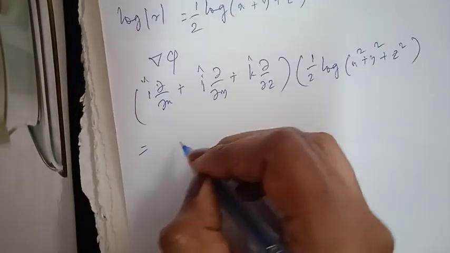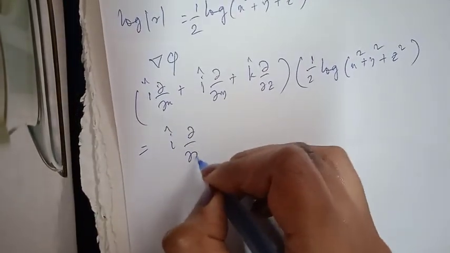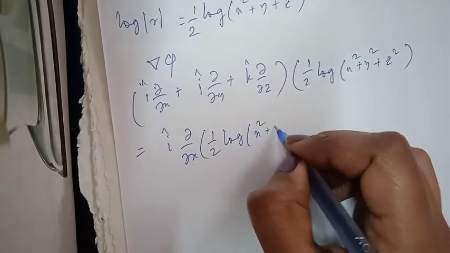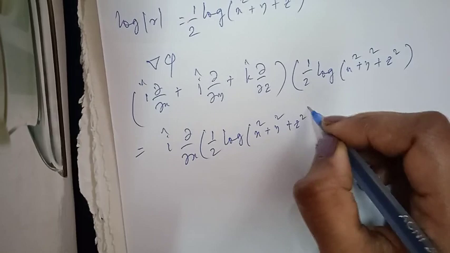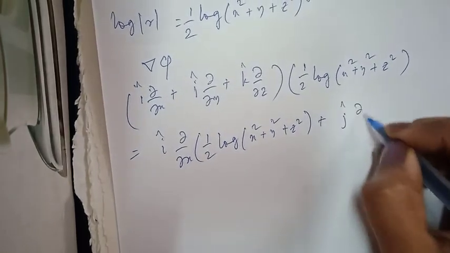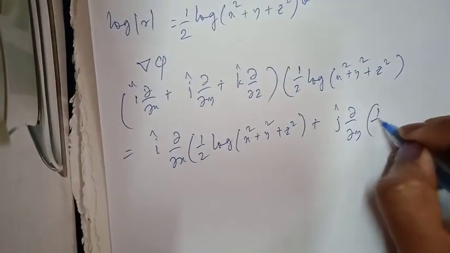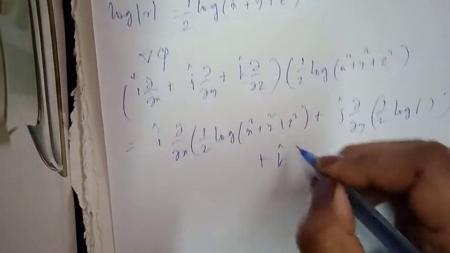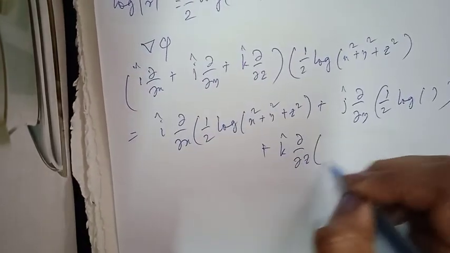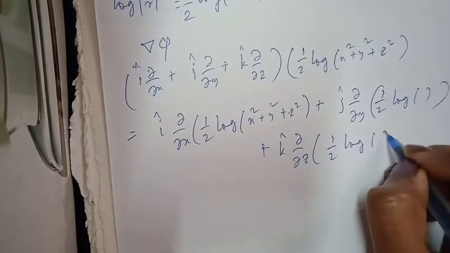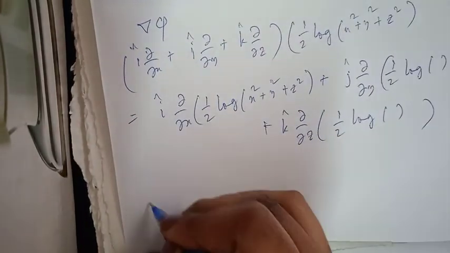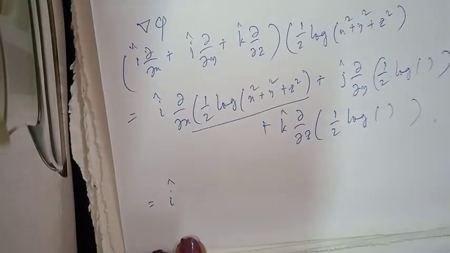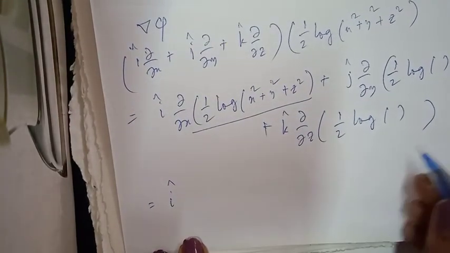Okay, that means i cap del del x of this quantity, half log x square plus y square plus z square, plus j cap del del y of half log all this thing, plus k cap del del z of half log this whole quantity. Okay, now calculate it. If you calculate it with partial derivative with respect to x, what will you get?